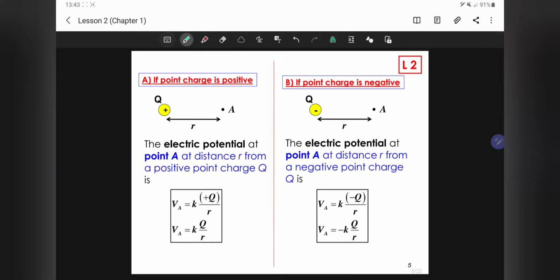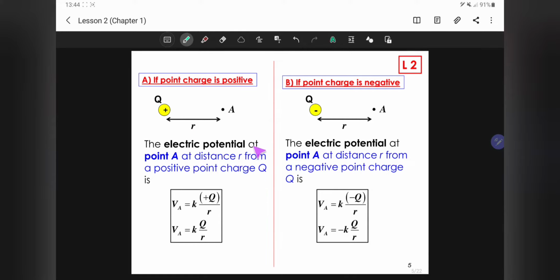What does it mean? For example, given a positive isolated charge, and there is a point A near the charge, the point and the charge separated by distance r. So what is the potential at point A?